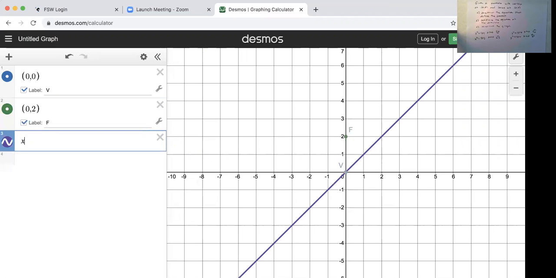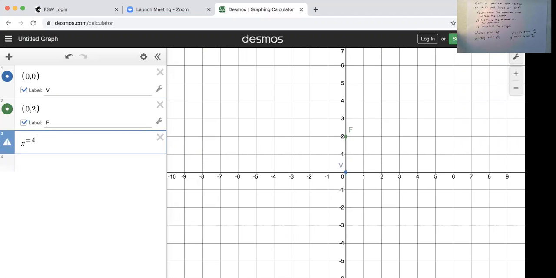So my equation should be x squared equals 4 times 2 times y. That's what we get. That should be our graph.